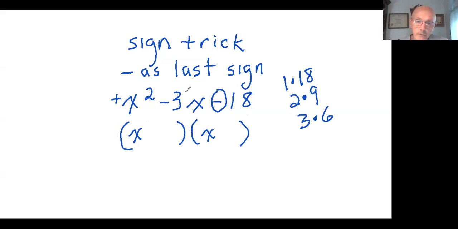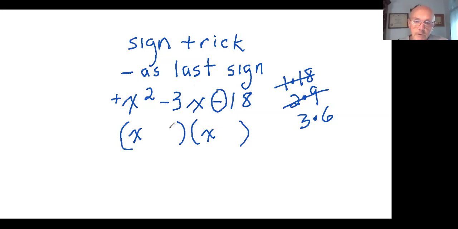So I've got to get a 3 by either adding or subtracting the factors I pick. So with a 1 and an 18, there's no way I can add or subtract to get a 3 in the middle. Neither with the 2 or a 9. There's just no way. But with a 3 and a 6, I could do 6 minus 3 or 3 minus 6 and get either a positive or a negative 3 in here.